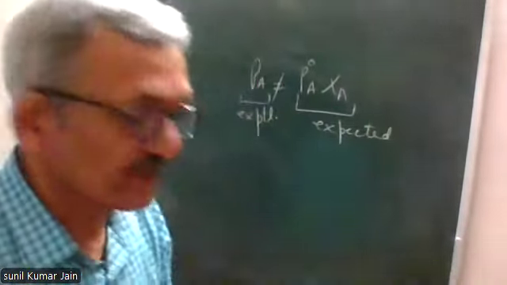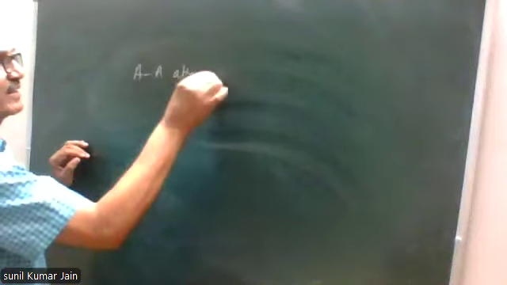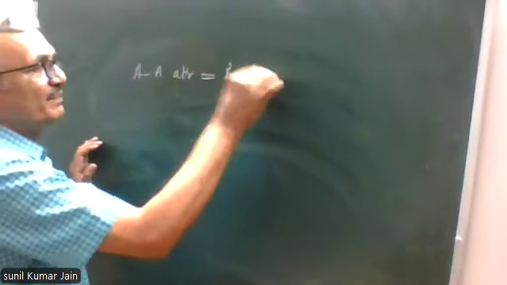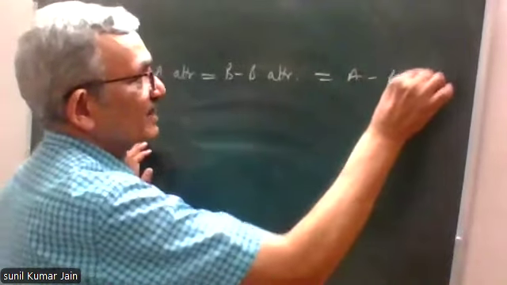We'll write it like this. For the time being, don't write anything. It means AA attraction will be equal to BB attraction will be equal to AB attraction.